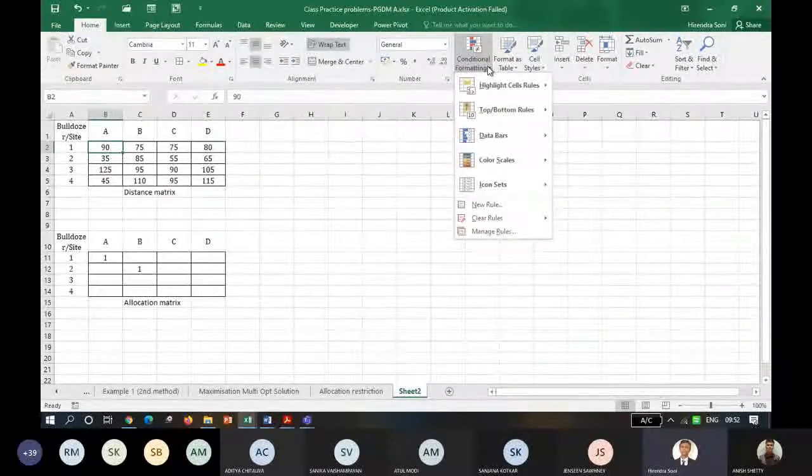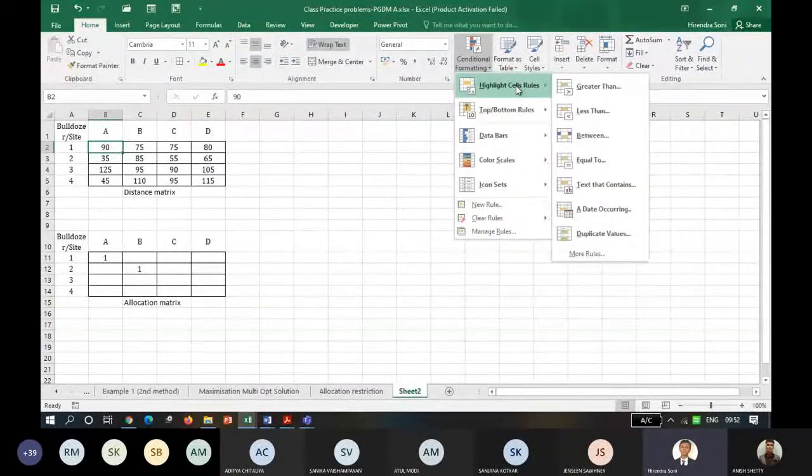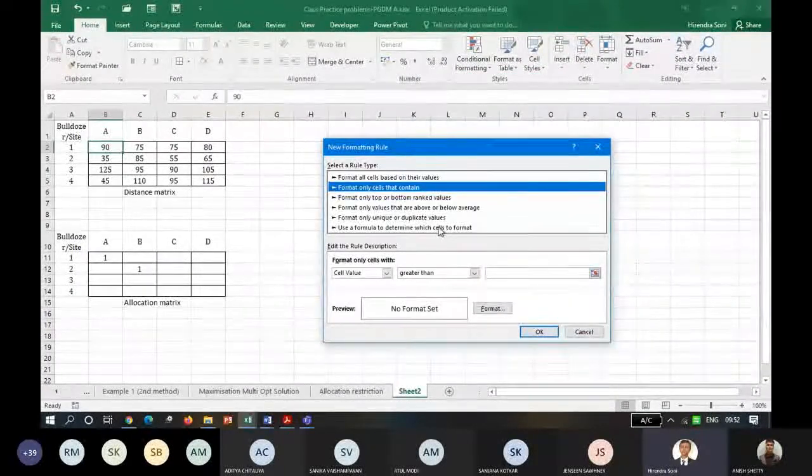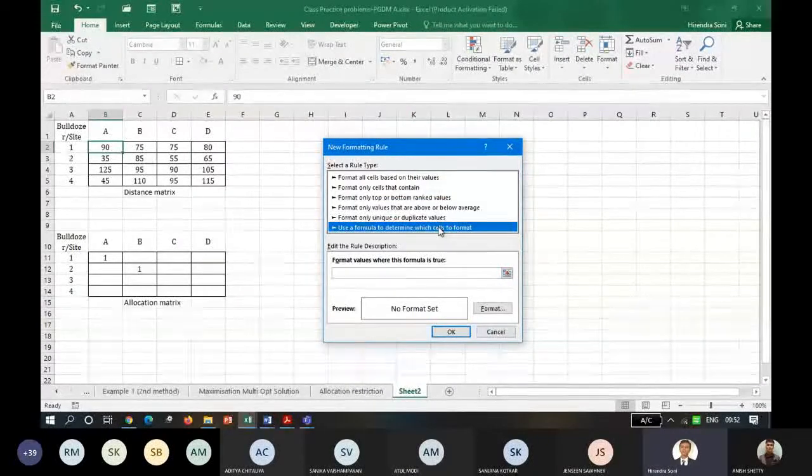Are you guys doing it along with me? Yes, sir. Okay, good. So highlight the cells. Okay, I'll go for more rules. I am going to use a formula to determine which cell to be highlighted. And since I have already selected this one, whatever conditional formatting I am going to apply will be applicable for it.